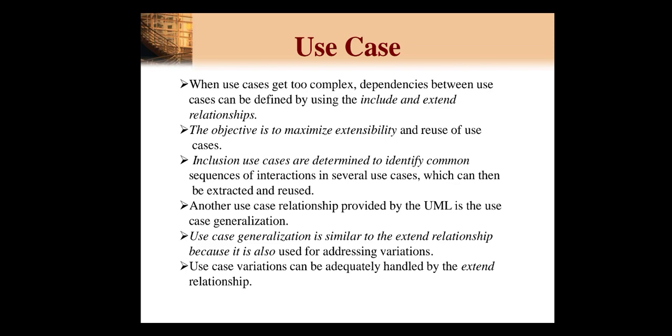But if our use case is too complex, that means it contains too many sequences, each sequence being represented as a scenario, then this use case is shown with the help of different use cases through relationships, called the include and extend relationships.